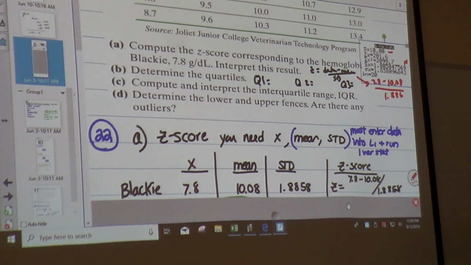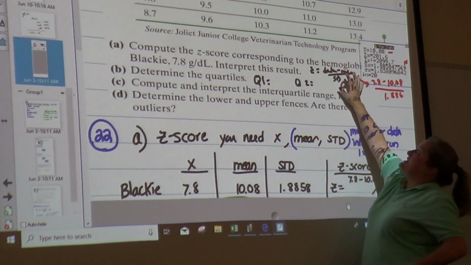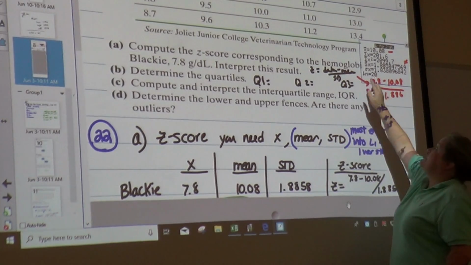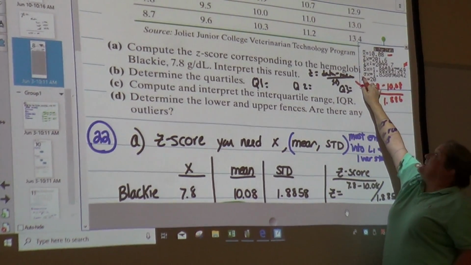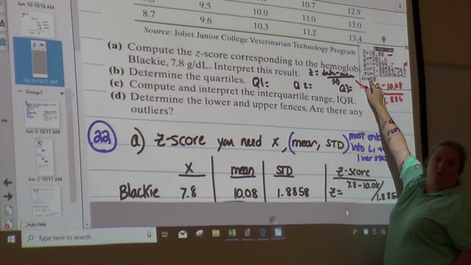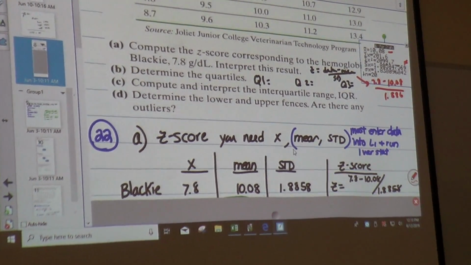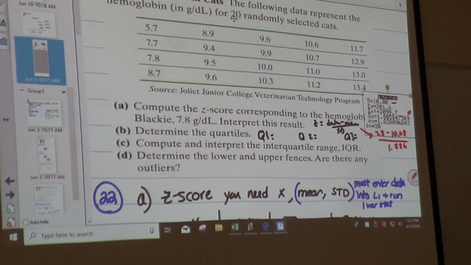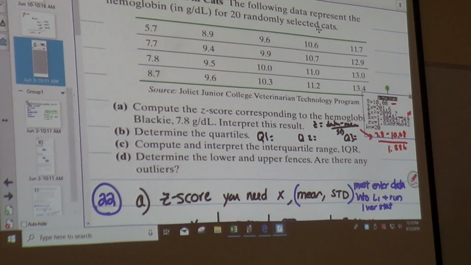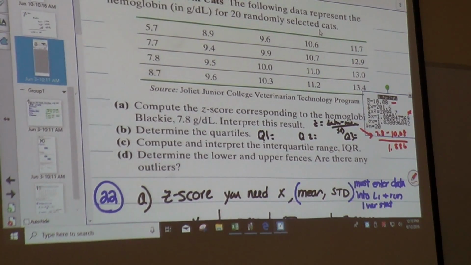But for z-score, it's going to be data minus mean over standard deviation. And standard deviation is just going to be that Sx or that sigma x, according to whether it's population or sample. And the reason this one was a sample is because up in here it says we randomly selected 20 cats. We just took a sample of 20 cats.